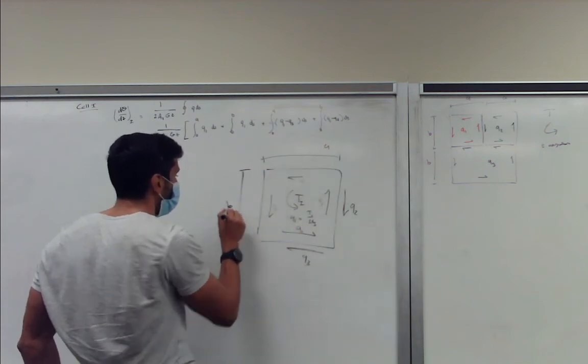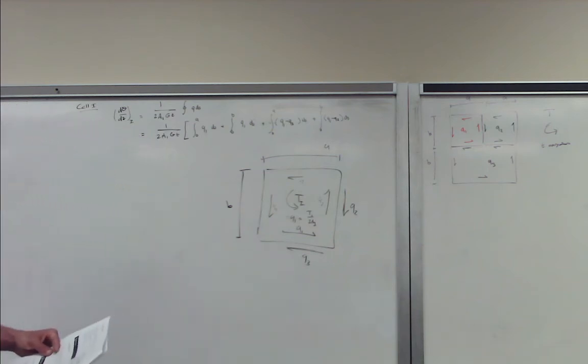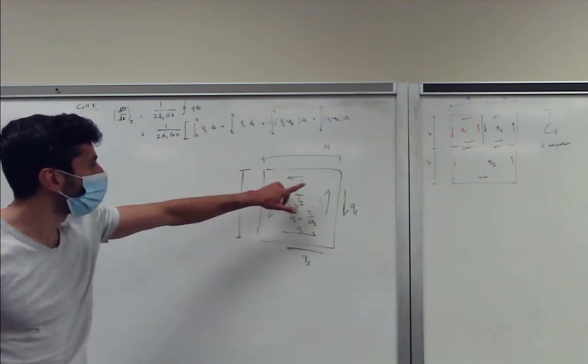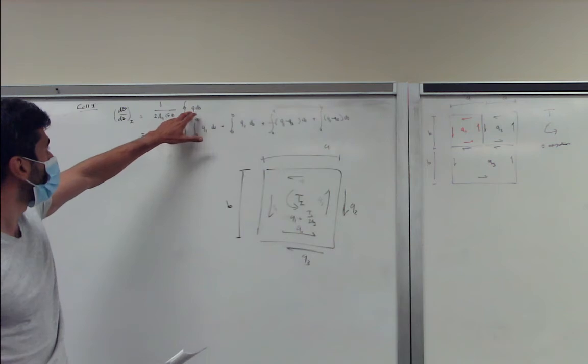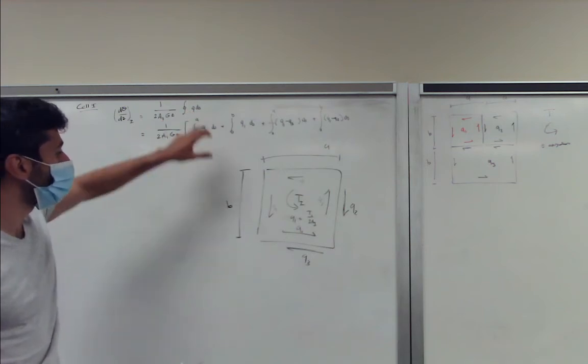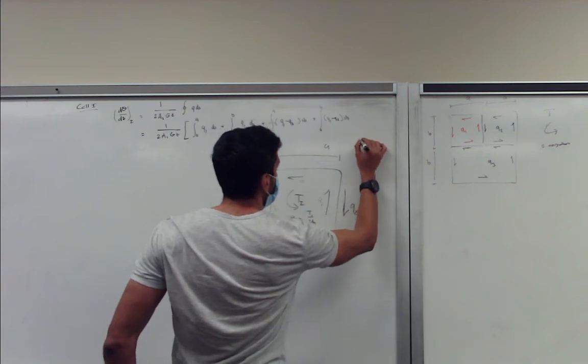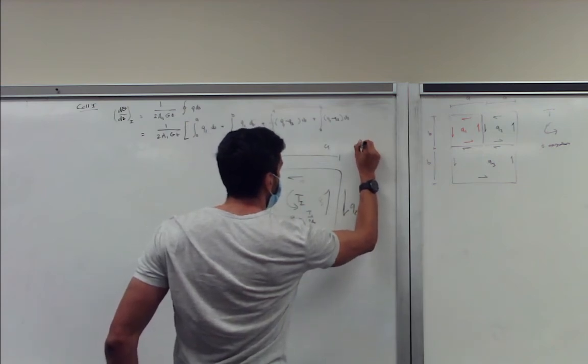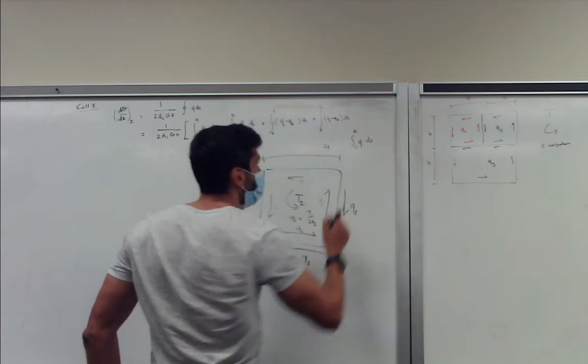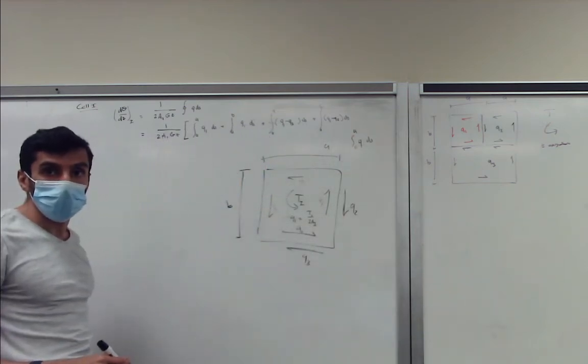This is B. So the integral of this segment is Q ds. So this Q is constant, so the integral becomes Q ds from 0 to A, right?